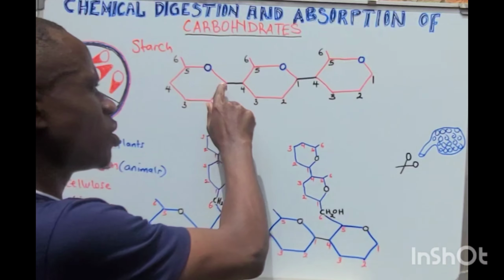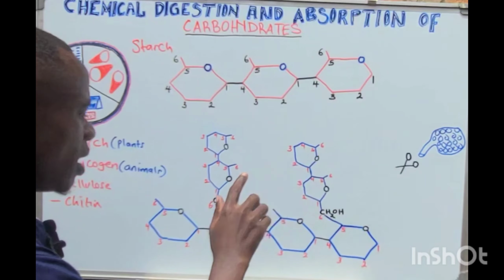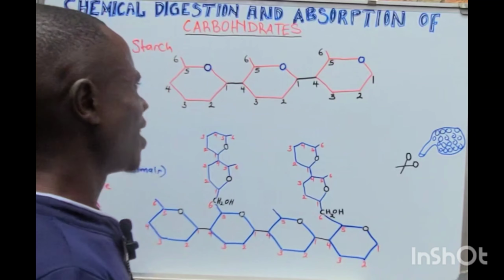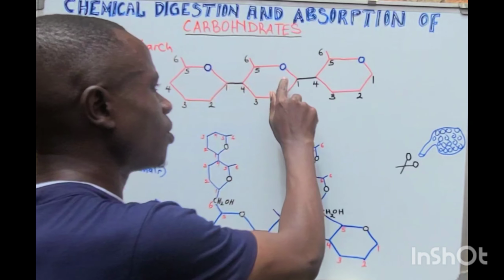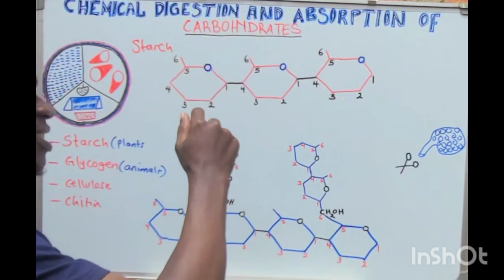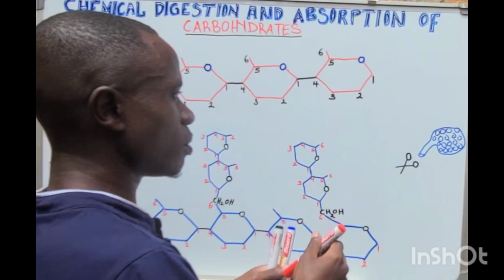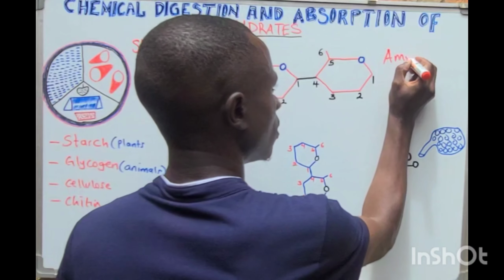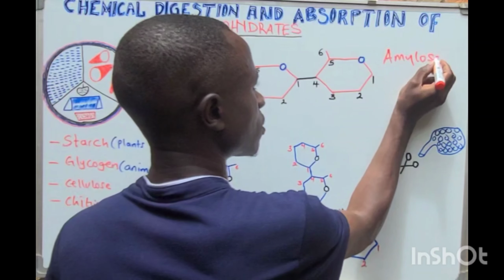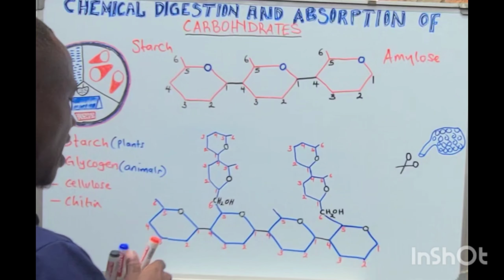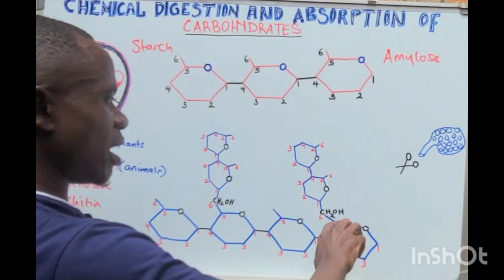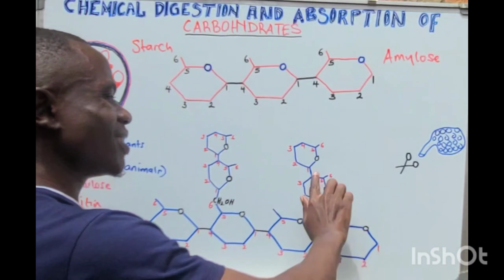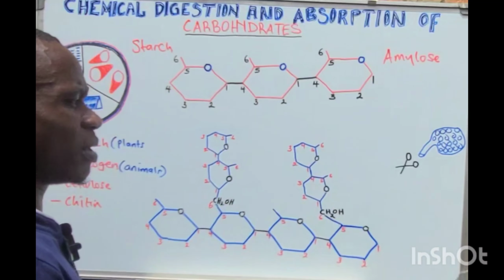We have a chain which does not have any branches, and we also have a chain which has a lot of branches. This long chain of polysaccharide, which is a part of the starch, without branches, is what we call amylose. And then the other long chain of the starch polysaccharide has side chains which are so much branched.